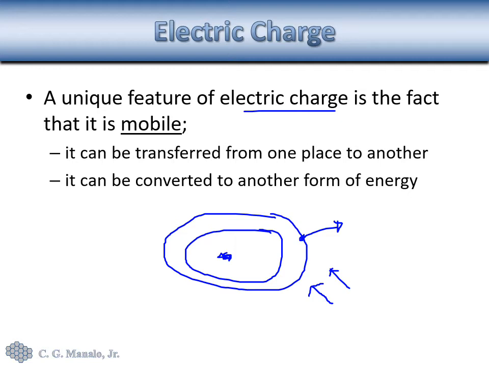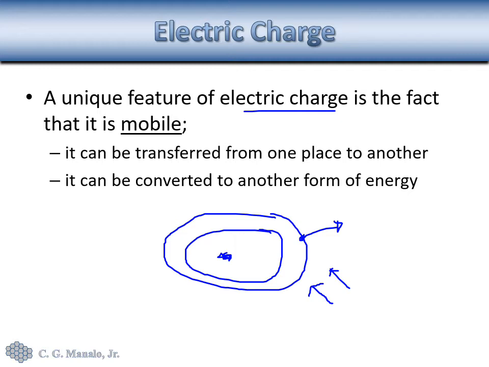Now, since these electrons possess a charge, as we have discussed a while ago, if these electrons are roaming in, let's say, a material, that means we have a roaming charge, and that is what we mean by a mobile electric charge.